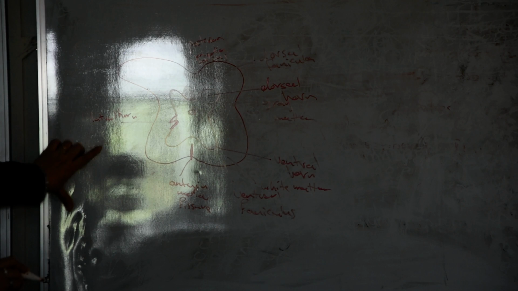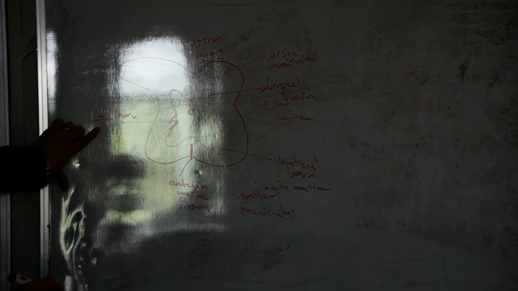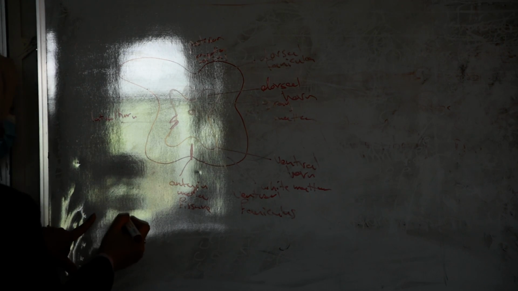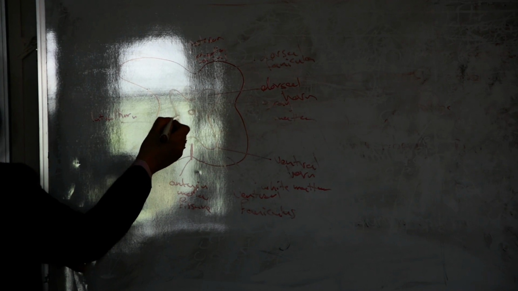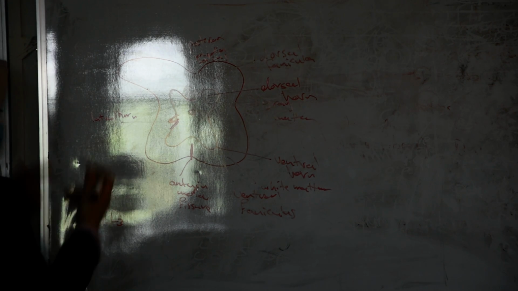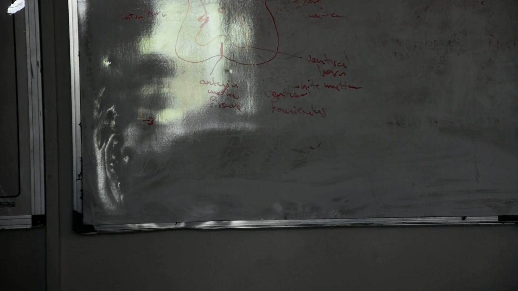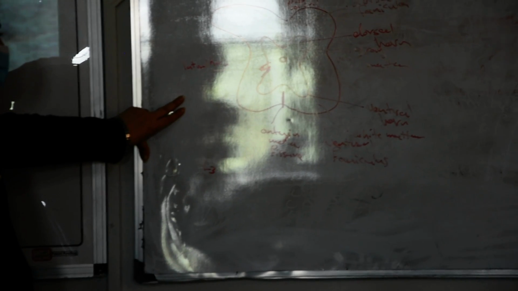From the thoracic until lumbar 3, there is a lateral horn. So at lumbar 4 and 5 we don't have this lateral horn. Also at the sacral region, we don't have a lateral horn.